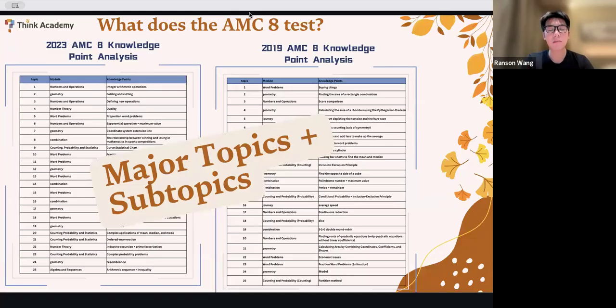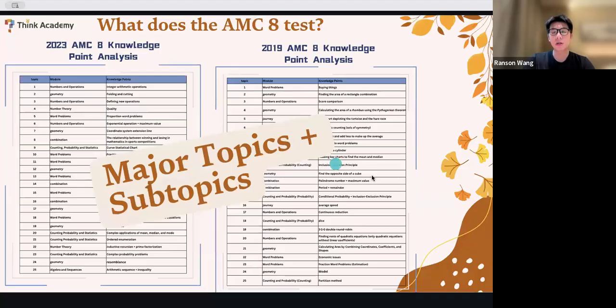So they barely test algebra solely, but it can appear as a combination or fusion in other questions. For some questions, you can solve them without algebraic thinking, but if you know how to solve an equation or something like that, you'll solve it pretty quickly.